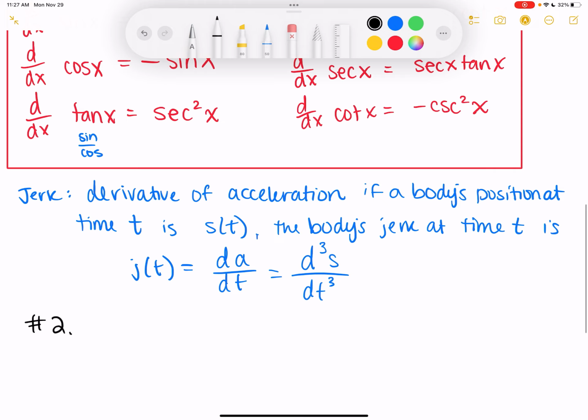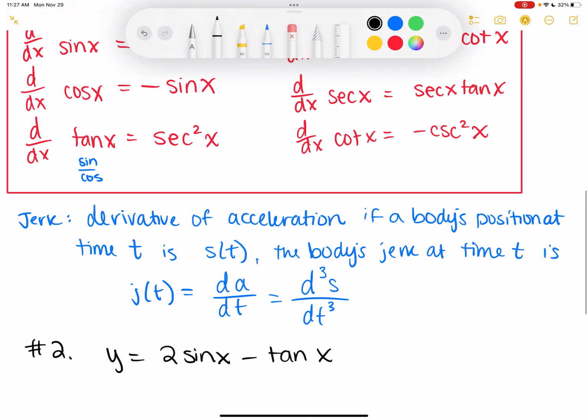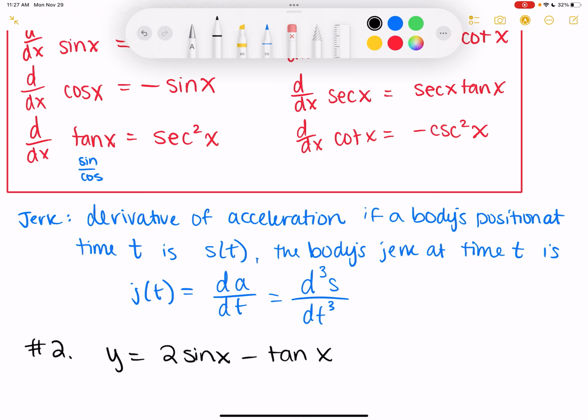So number 2, y is equal to 2 sine of x minus the tangent of x. So y prime is, we're going to take the derivative of this with respect to x.